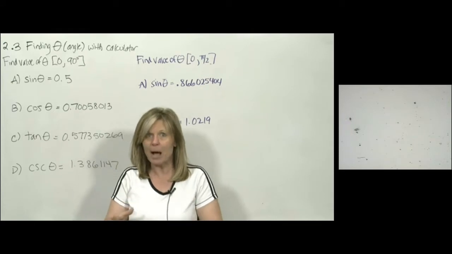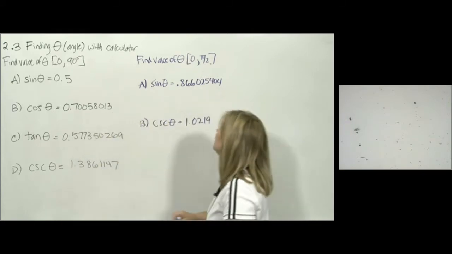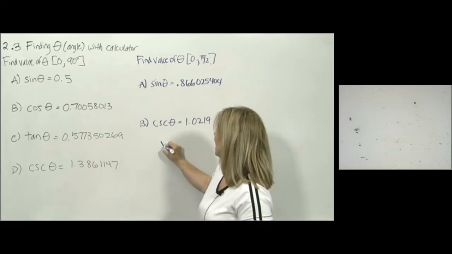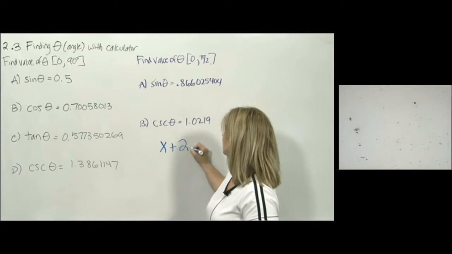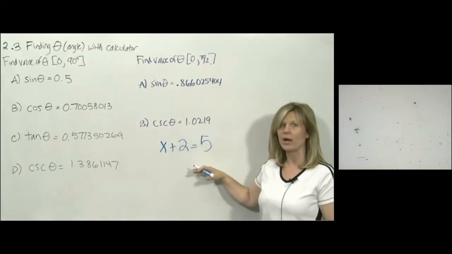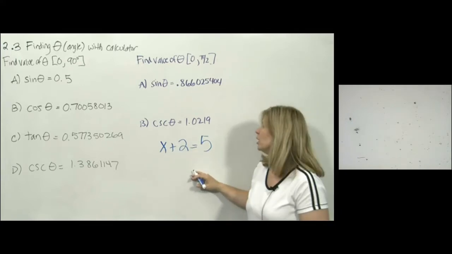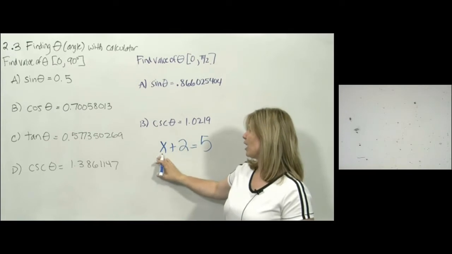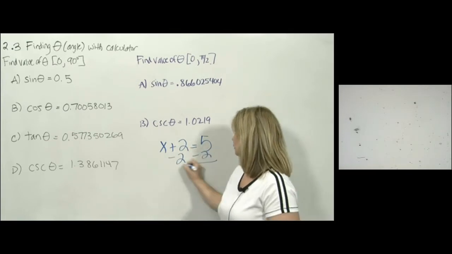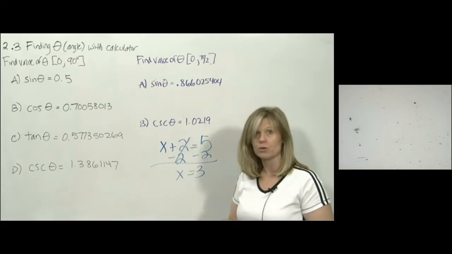Now let's think about this related to algebra. Let's just go back to algebra. If I write x plus 2 equals 5, and I say solve that equation, simple algebra 1 linear equation, you all know to get the x by itself, the opposite of adding 2 would be subtracting 2. And that would cancel out, and that gives you x equals 3, your solution.